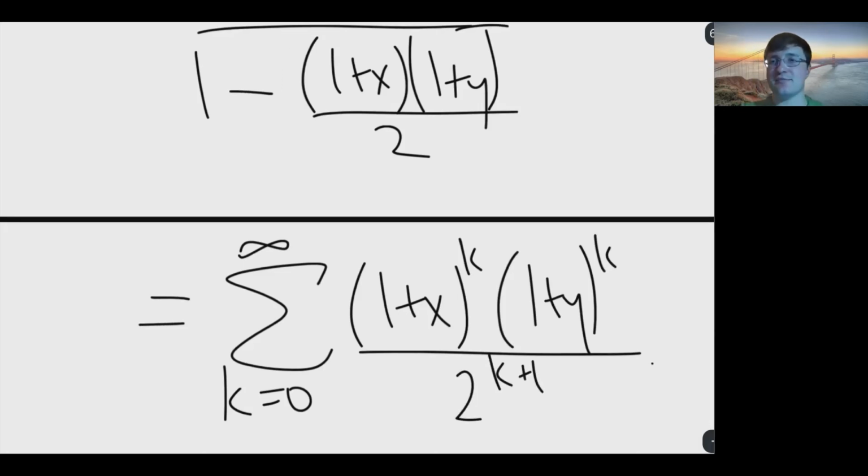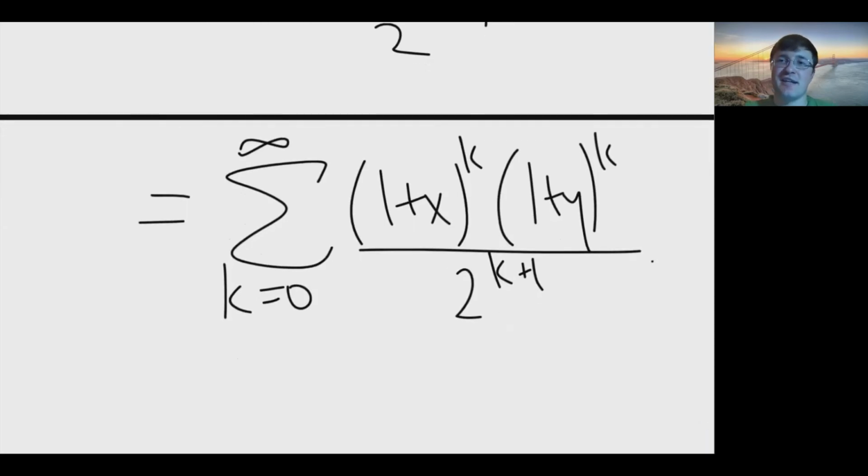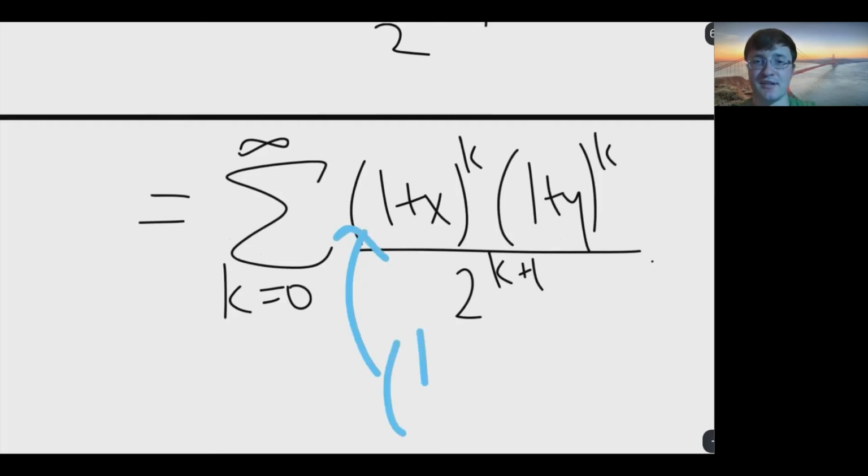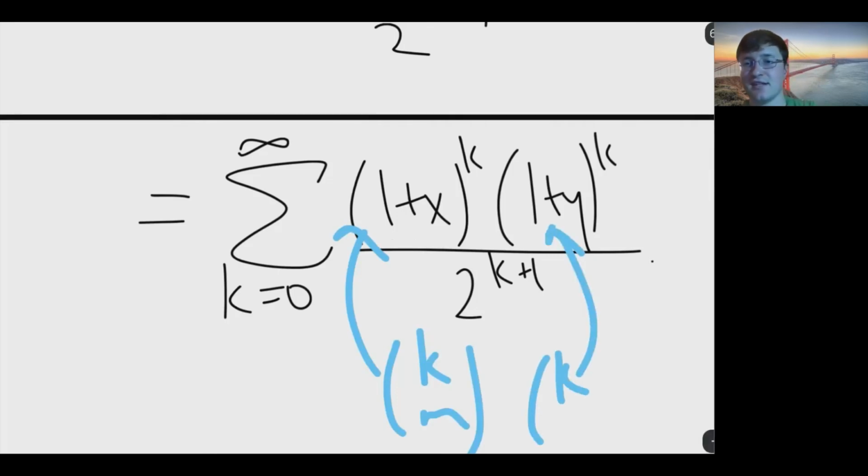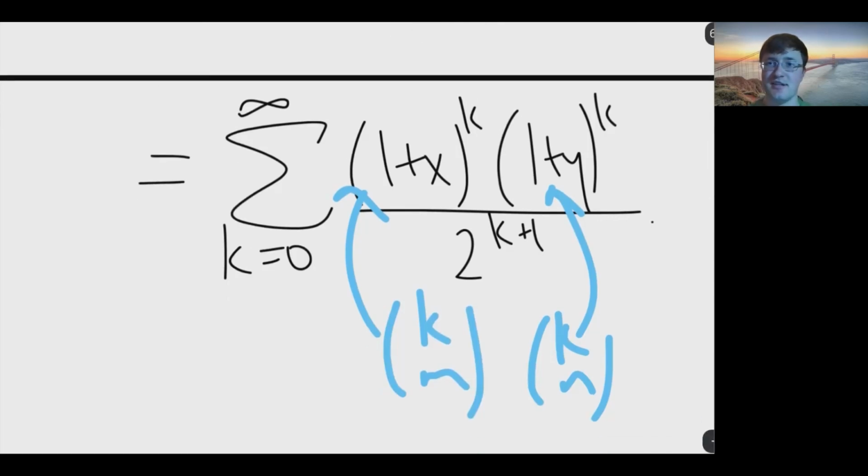Okay, and now it's pretty easy to read off the coefficient of x to the m, y to the n from this. So from here, I have k choose m for x to the m. And from here, I have k choose n in front of y to the n. And I sum over all k's to get the total contribution.